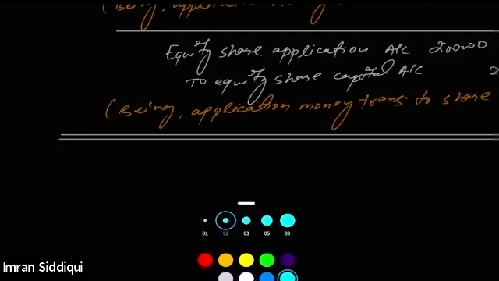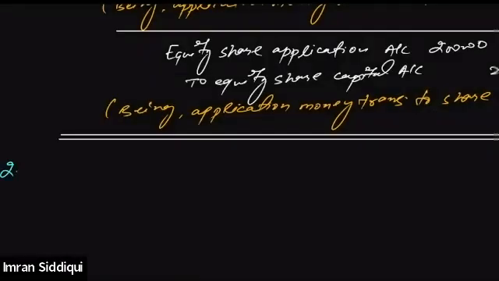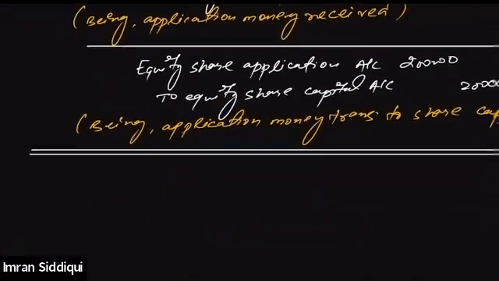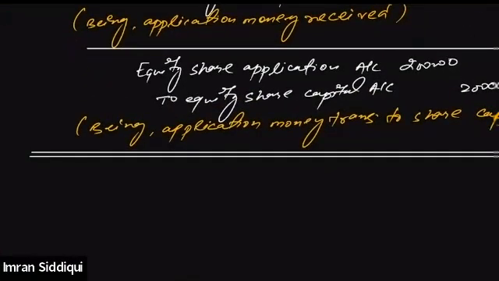Then we will be passing the journal entry for the second installment, which is allotment. In that case, we'll first of all make the allotment due and then we will receive the payment. Only in case of application we receive the amount first and then we pass the transfer entry.